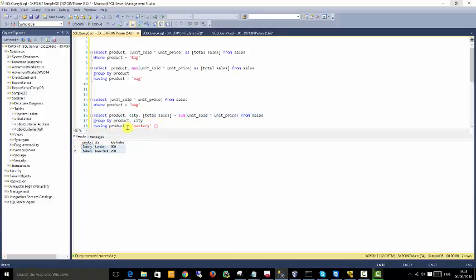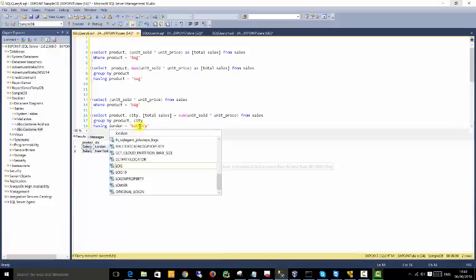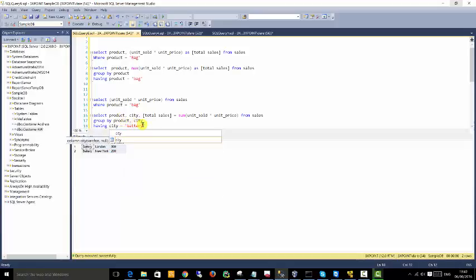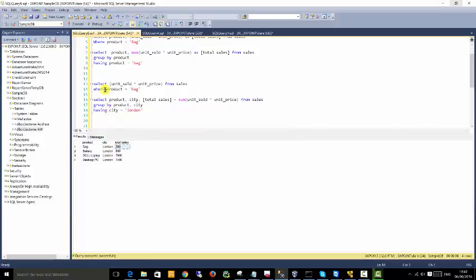If I'm interested to see what's going on in London, I can just change that to where city equals London. And you can see it brings back all the products that have been sold in London, and we get all the data that we want. So having is the same thing as where, it's just that it comes after the group by.